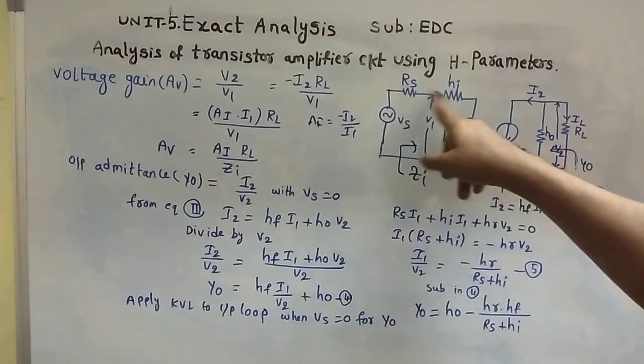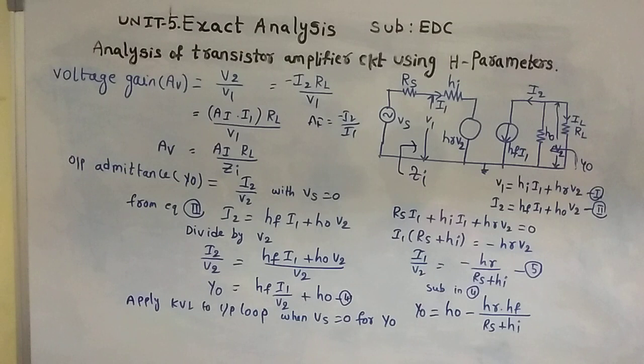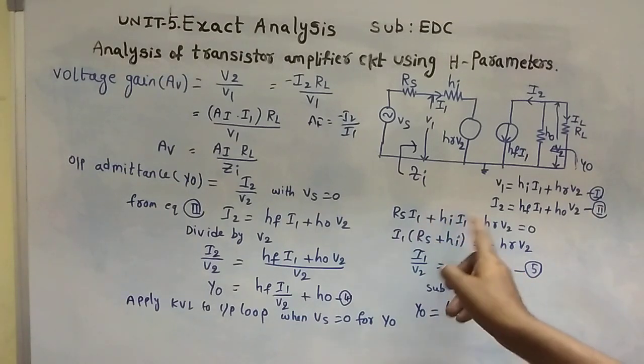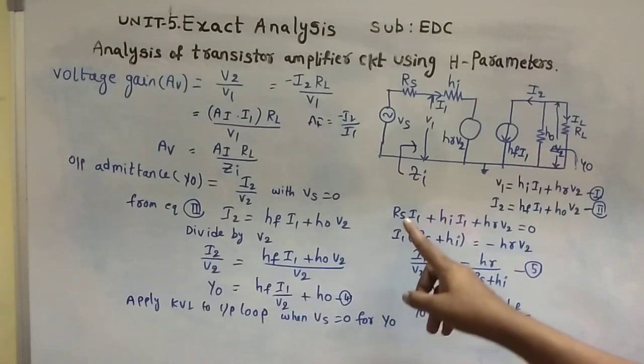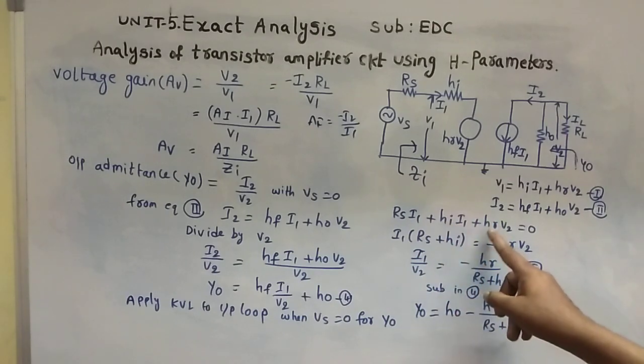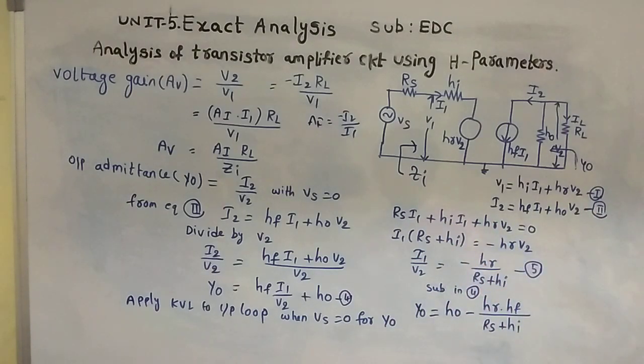This is the KVL equation, equal to 0. Here I1 is common. Then I1 into Rs plus Hi. This one I am taking to the RHS side, minus Hr into V2. Then I1 by V2 is equal to minus Hr by Rs plus Hi.